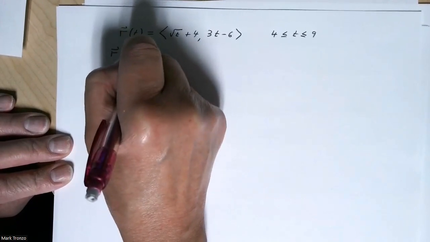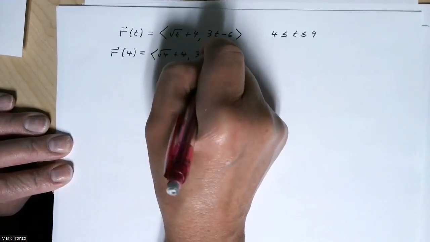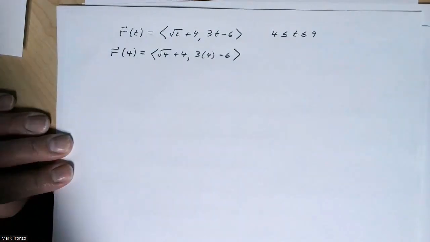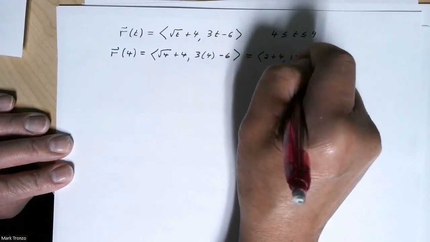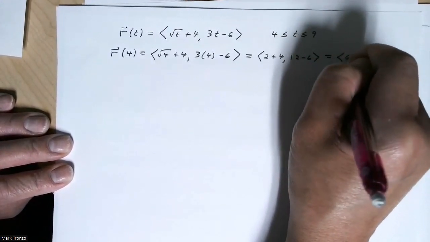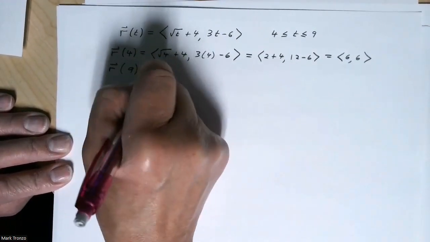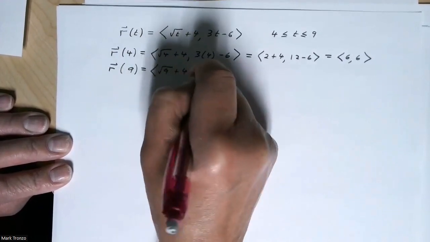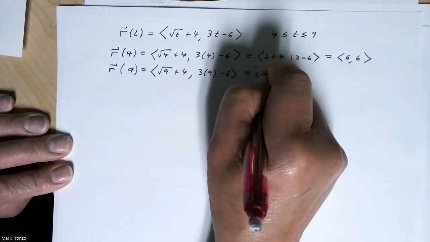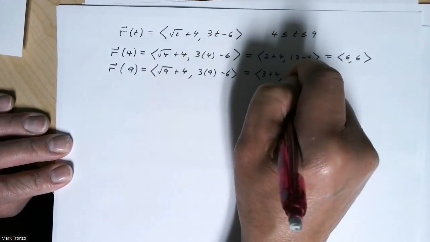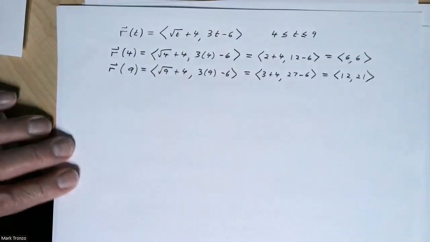And then our endpoints are at 4. And so it'll end up being 6. 6 will be the one point. Then 9, like that.